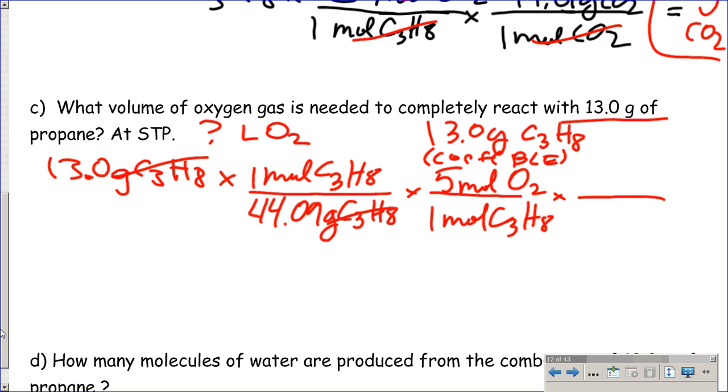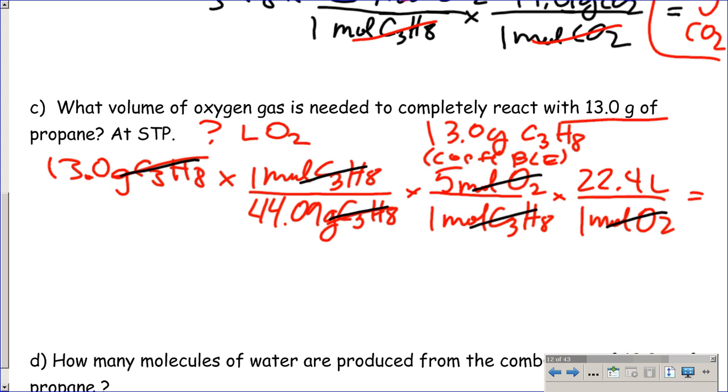Okay, last step. I'm here in liters, and I'm here in the constant, right? So 1 mole of any gas, in this case oxygen gas, is 22.4 liters. There we go. So everything cancels: grams of propane, moles of propane, moles of oxygen.